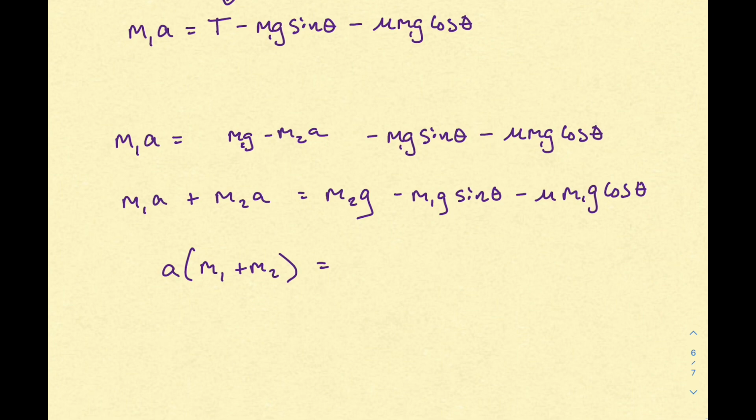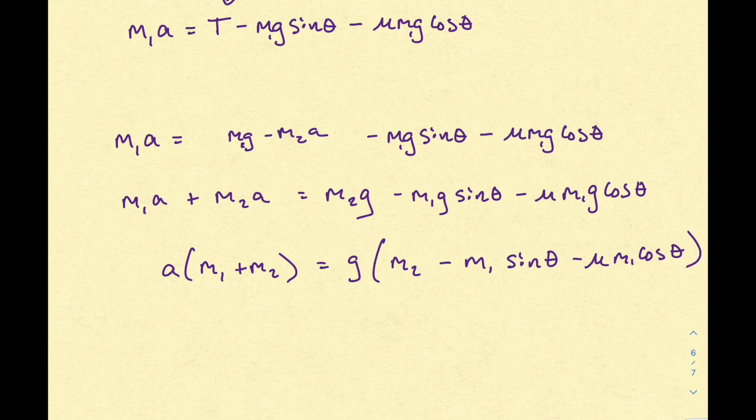All right, and then over here, there's nothing I can do besides pull out a G, which is not altogether useful, but I can go ahead and do it anyway. This becomes M2 minus M1 sine theta minus mu M1 cosine theta.